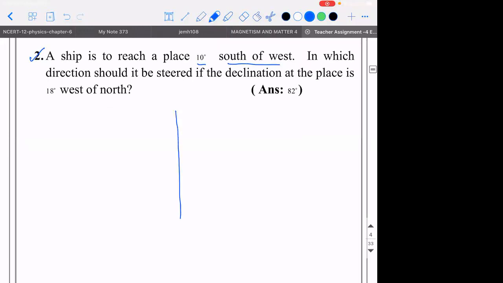Okay. So there's north, there's south, there's east, there's west. A ship is to reach a place 10 degrees south of west. He wants to travel in this direction, 10 degrees south of west.